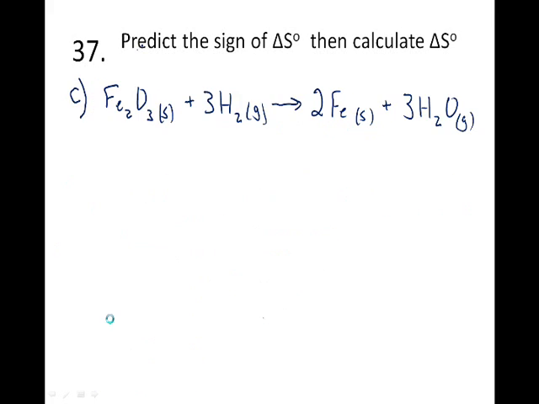Moving on to 37C. Predict the sign of the standard change in entropy and then calculate it. Well, let's look here. How are we going to predict the sign here?